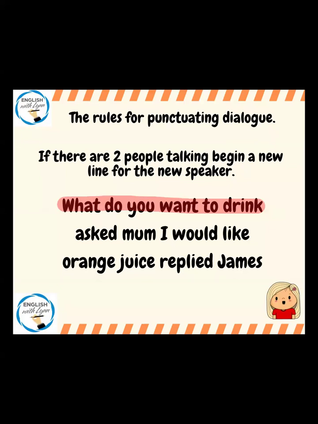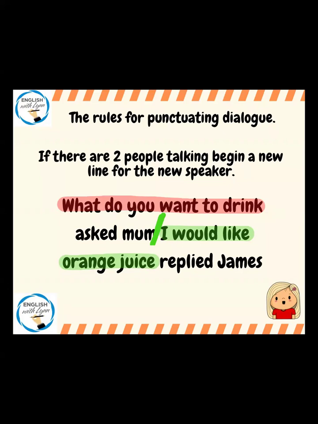So the next part is James speaking, and James is saying, "I would like orange juice." So when Mum stops speaking and James starts speaking, we need to have a new line to show that James has started speaking.